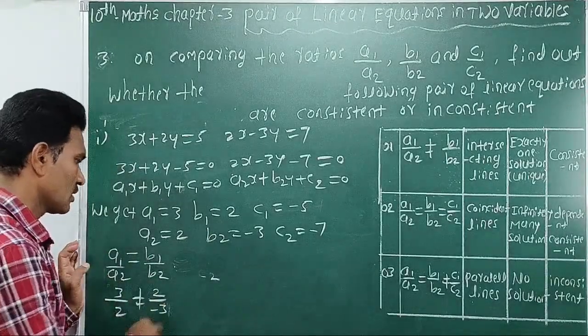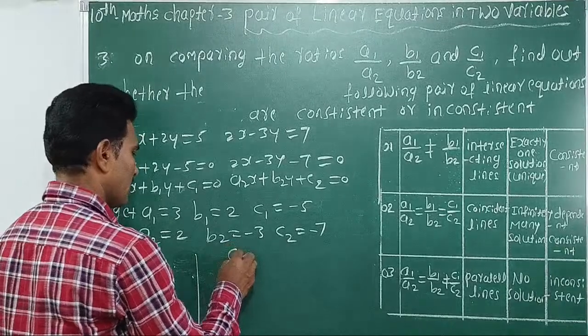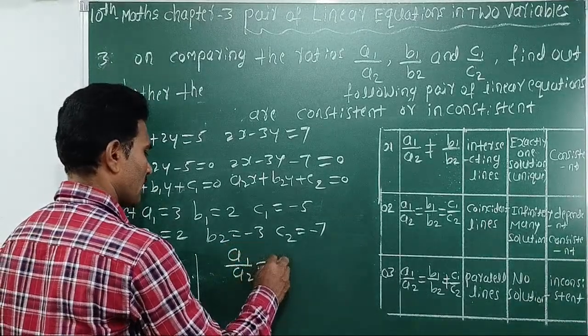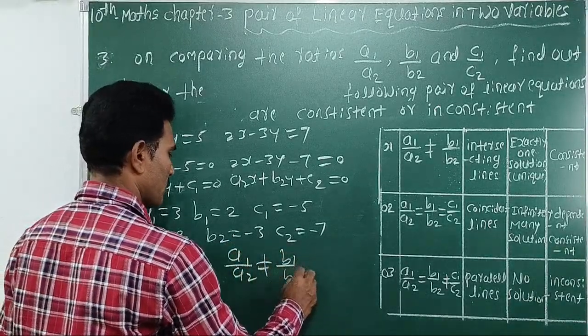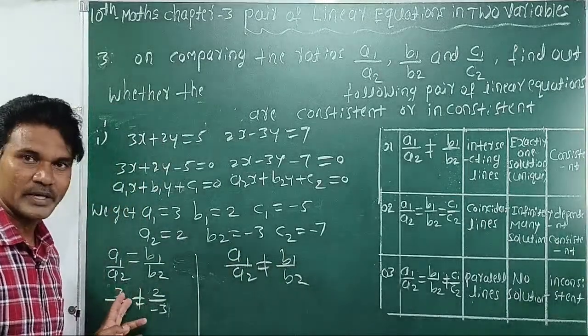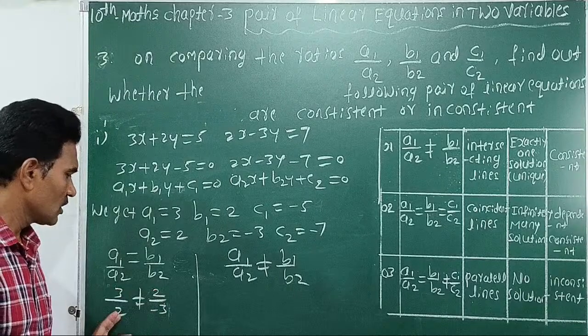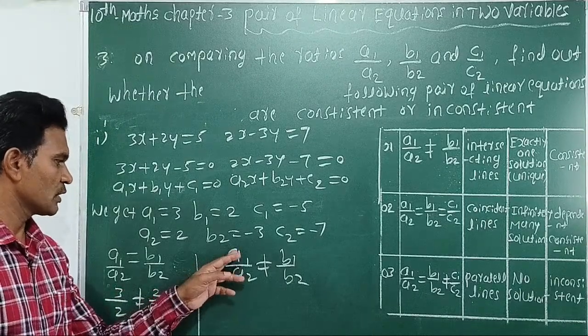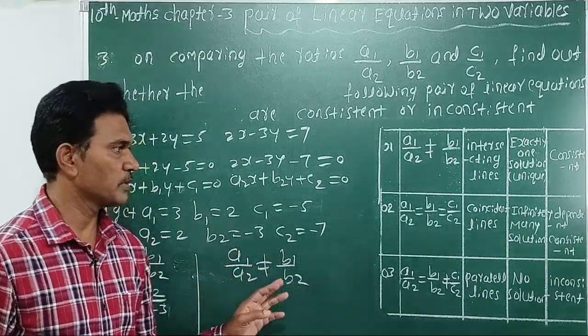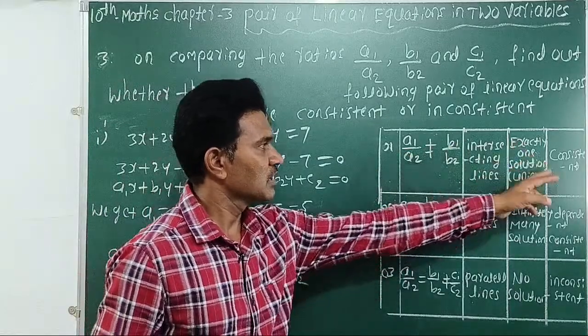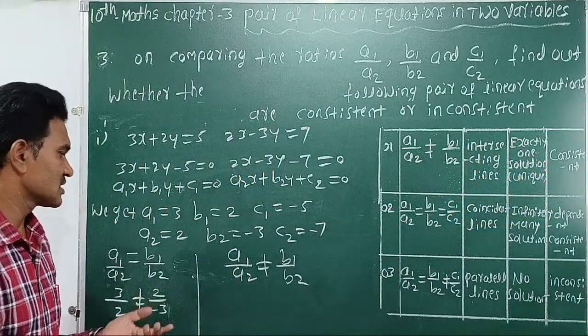So here a1 upon a2 is not equal to b1 upon b2. According to this, these two equations are consistent.